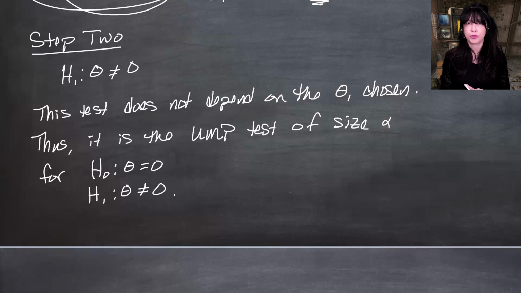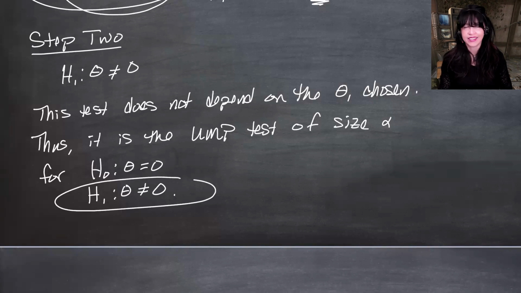I bring up this example for a reason. A lot of people will claim that you will not have existence of a UMP test whenever you have a so-called two-sided alternative like this. But for this particular problem, we did because things were constructed just right.